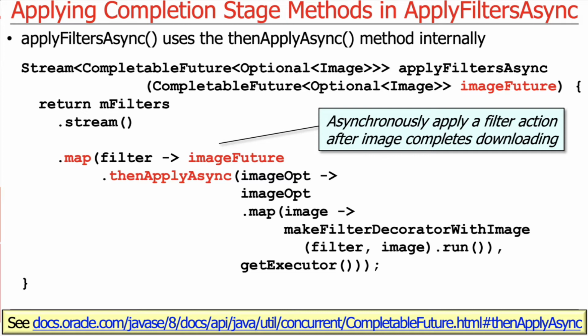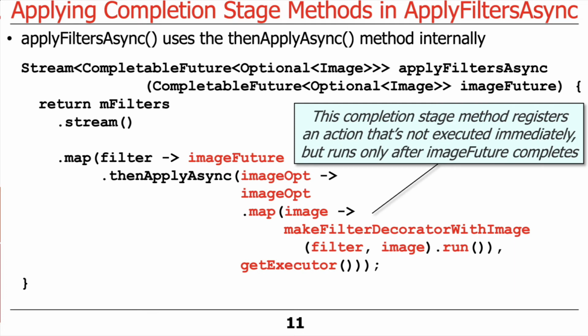And what that does is it says for each filter, when the completable future to the optional image that's being downloaded completes, in other words, after we finish downloading the image, then go ahead and apply asynchronously some action here. So this is the action that gets registered to be run asynchronously.